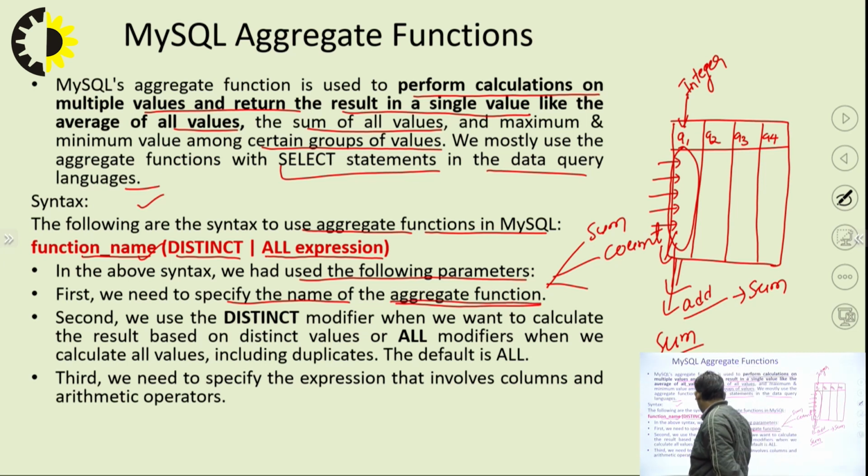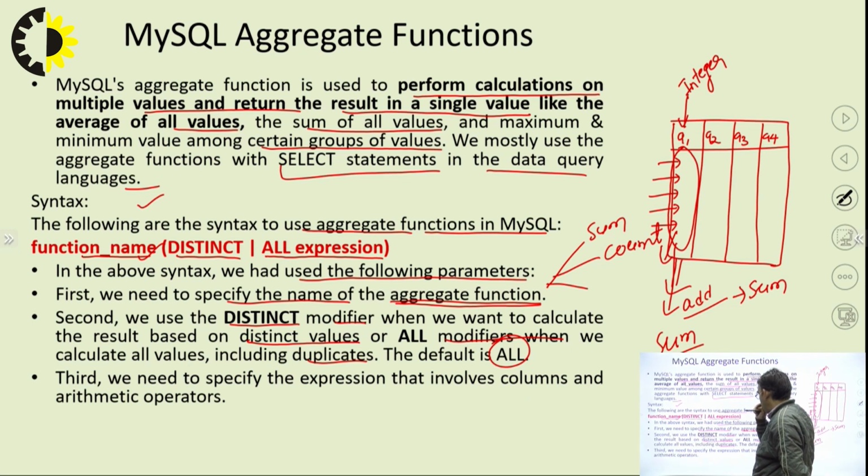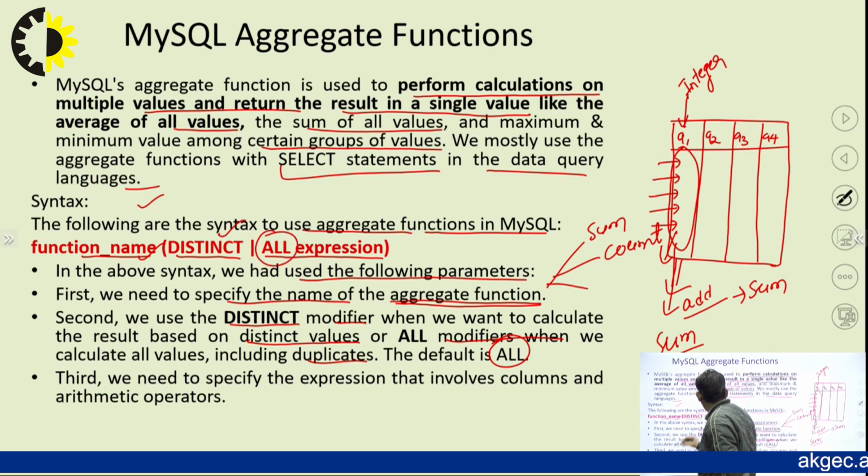Second, we use the DISTINCT modifier when we want to calculate the result based on distinct values. Let's suppose we want to add all those values which are distinct in particular rows, then we have to use DISTINCT, or the ALL modifier when we calculate all values including duplicates. The default is ALL. If we are not using DISTINCT, by default it will take all.